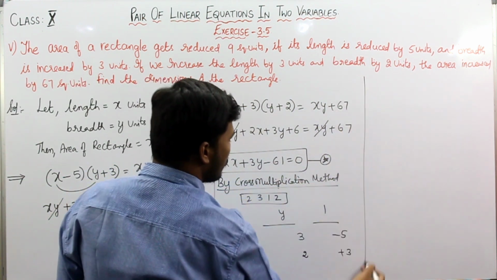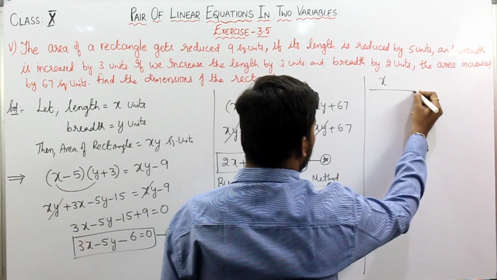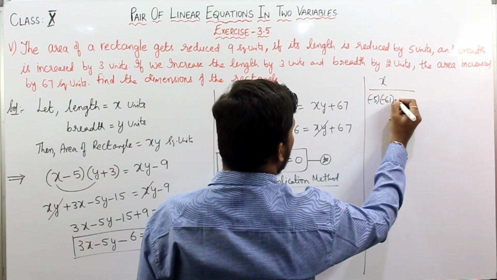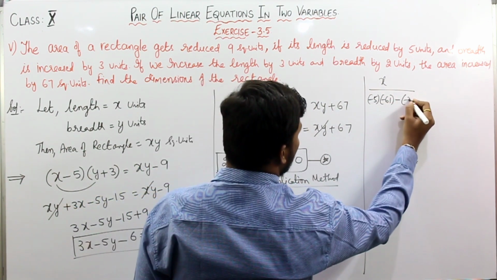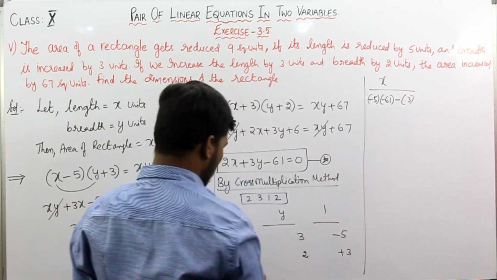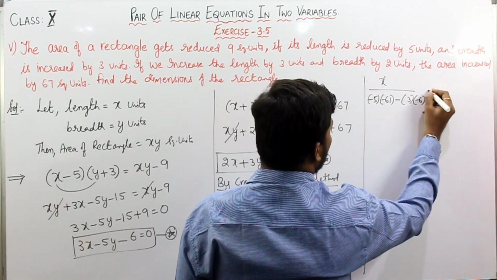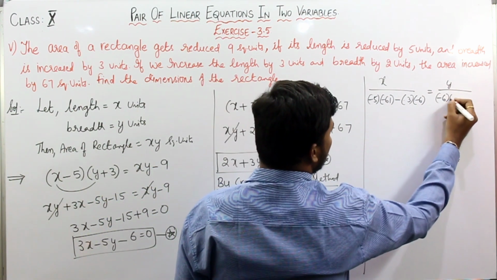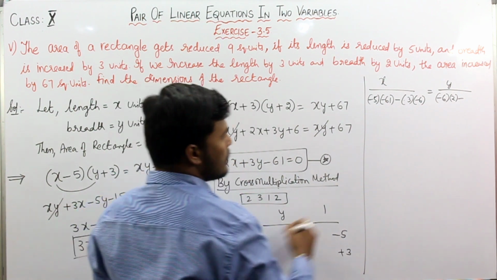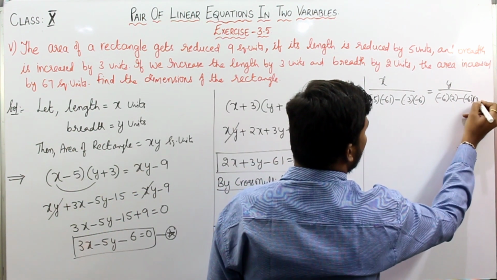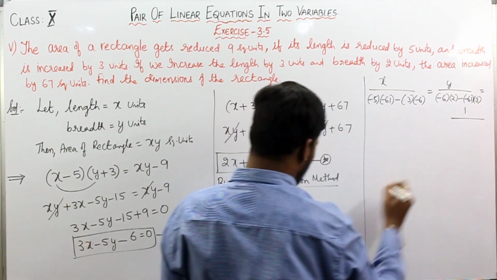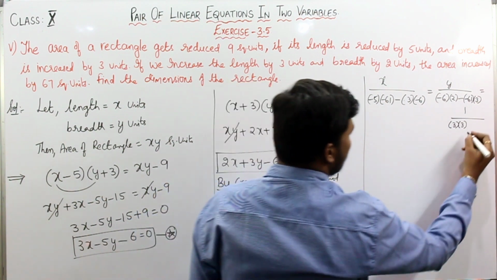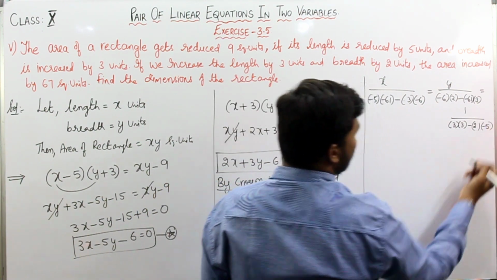Okay, then we will get x by, these two should be multiplied, that is minus 5 into minus 61 minus 3 into minus 6, is equal to y by minus 6 into 2 minus minus 61 into 3, is equal to 1 by 3 into 3 minus 2 into minus 5.